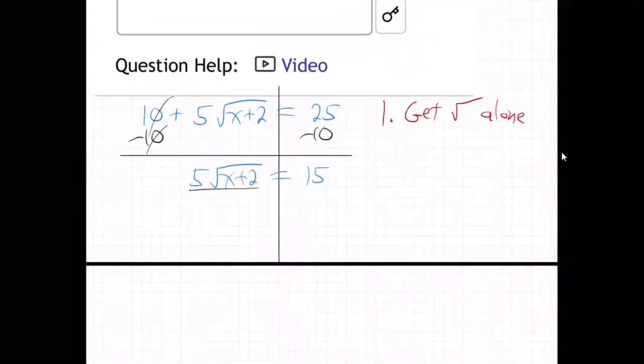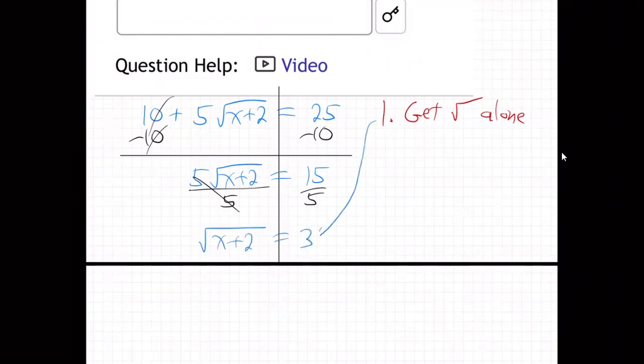And then we're going to divide by 5. Okay, so there we go. We got the square root alone. That was all step number 1. See how the square root is all by itself on the left side? It's all alone. That's step number 1. That's what it says up in the notes.